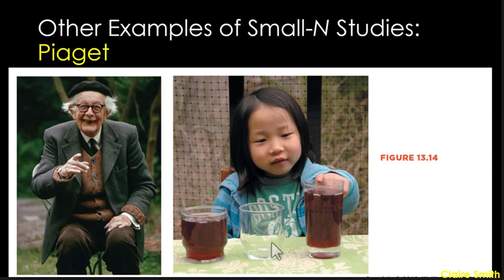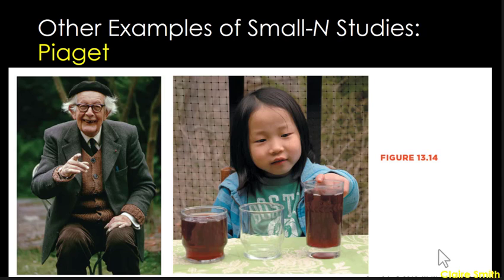One example looks at the amount of liquid in a glass. If you have two glasses that are the same shape and size and both filled to the same level, kids understand that they're the same. But if you pour one into a taller glass, they might think that this glass holds more liquid, even though they just saw you pour it in.